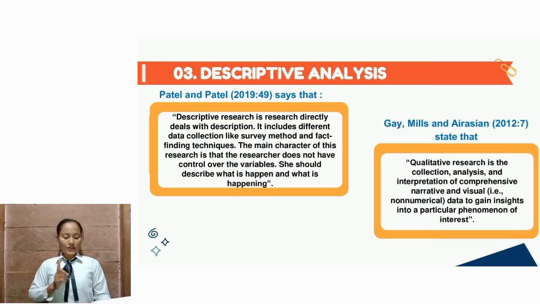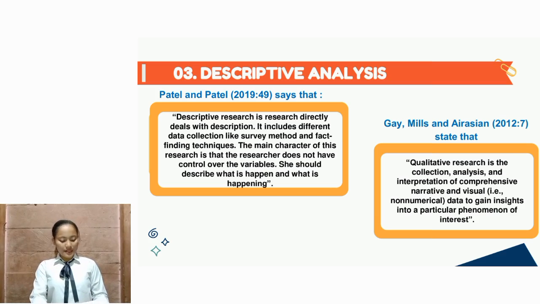The main characteristic of this research is that the researcher doesn't have control over the variables, so she should describe what has happened and what is happening. And then Gay, Mills and Airasian 2012 say that qualitative research is the collection, analysis and interpretation of comprehensive narrative and visual data to gain insight into a particular phenomenon of interest.